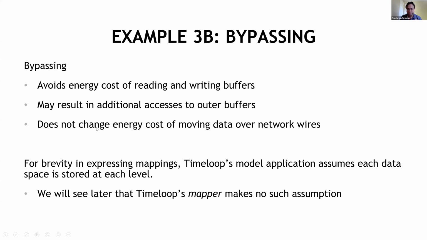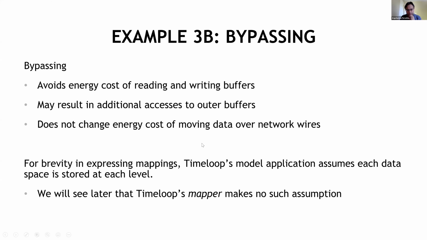But there's a nuance here, is that bypassing buffer levels does not change the energy cost of moving data over network wires. You bypass buffers, you can't bypass a network because you're going to have to pay the cost of bringing the data over wires or the network into the arithmetic units anyway, even though you describe to skip storage at a buffer level, okay? And so Timeloop takes care of that, and it pays the price appropriately.